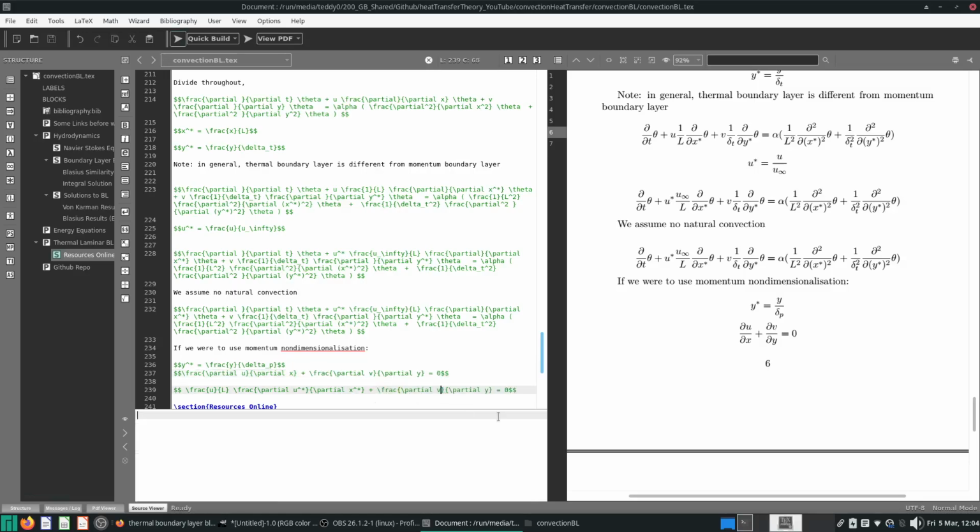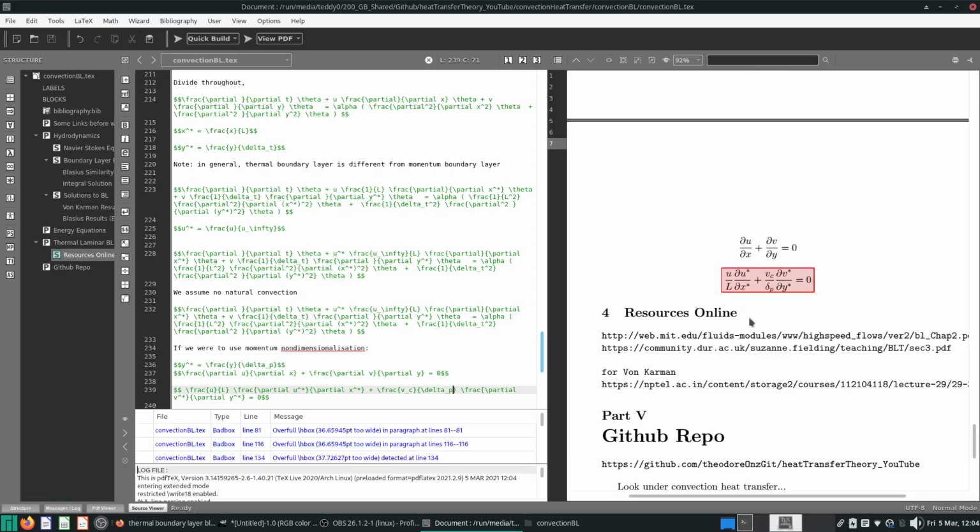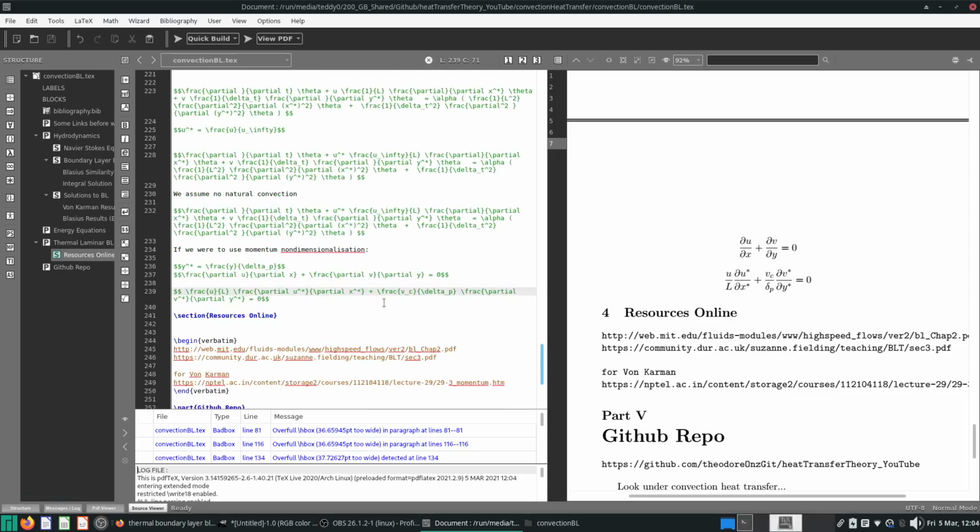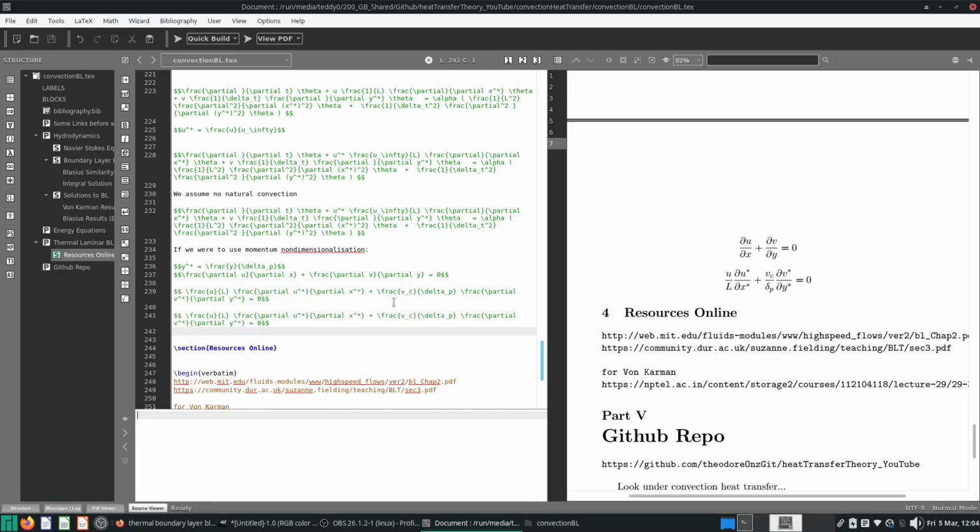V star will be, again, you have some characteristic V velocity, and then y star will be using a momentum boundary layer thickness. If you notice, these two terms are on the order of magnitude of 1. Again, we'll just divide throughout.